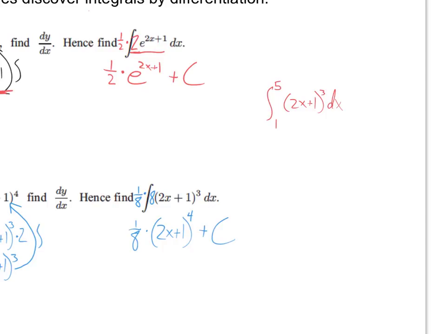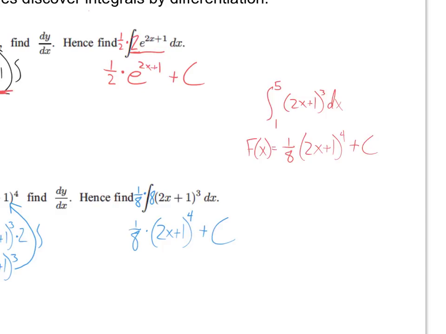Now, we just showed that the integral of (2x plus 1) to the 3rd dx is 1/8 times (2x plus 1) to the 4th plus c. So I used our capital F notation here since we're going to be doing the fundamental theorem of calculus.